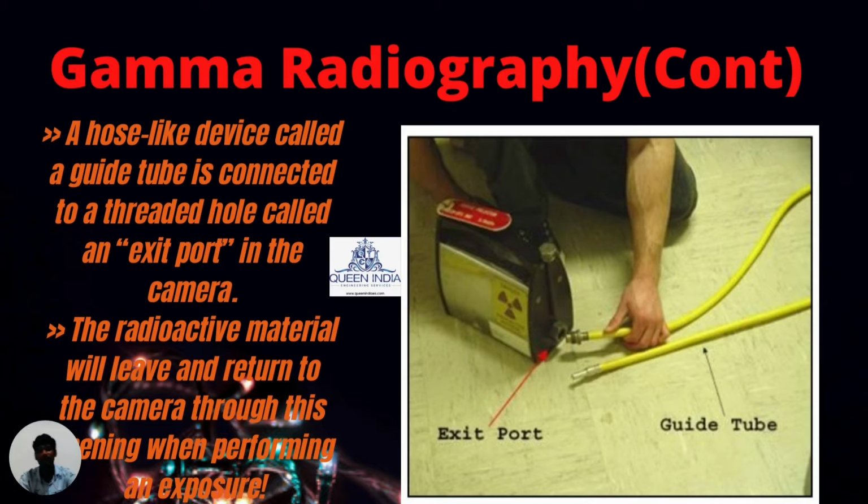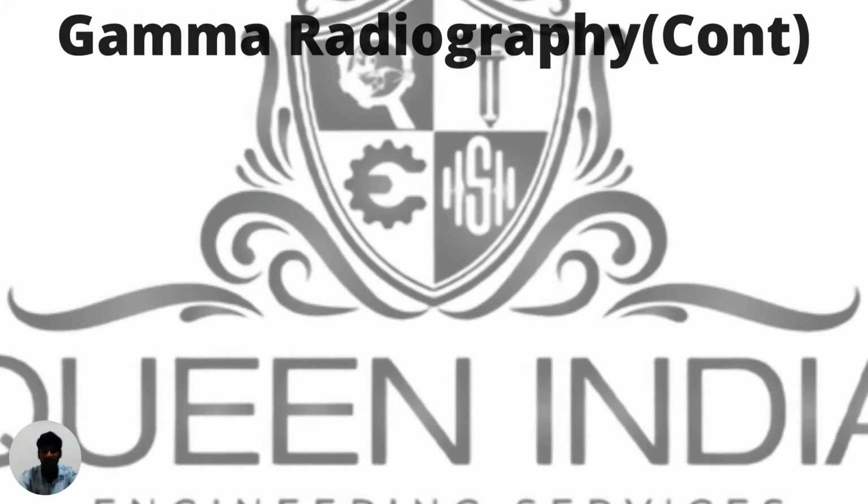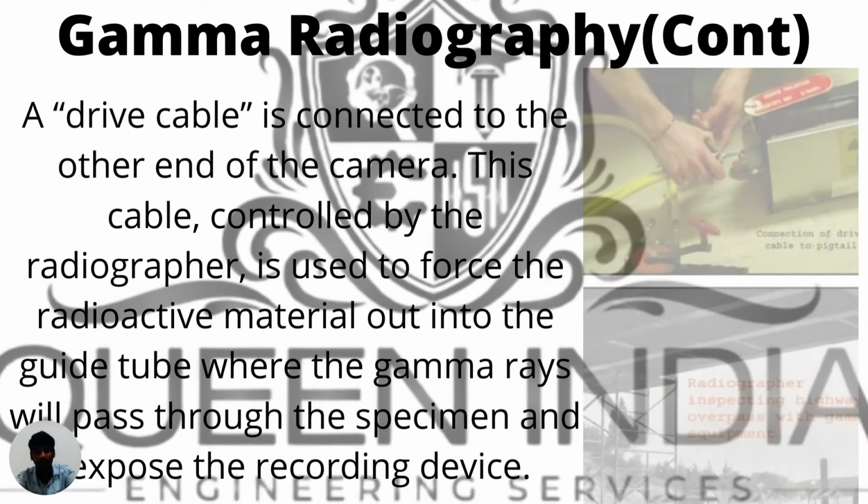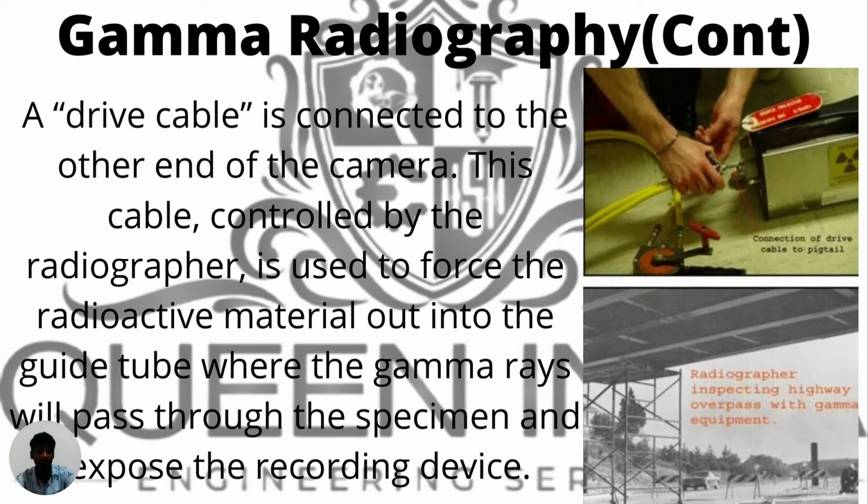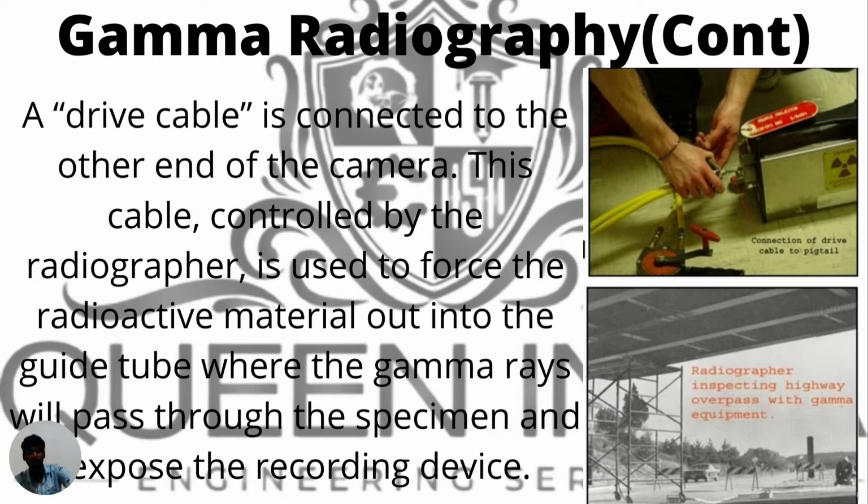Radioactive material will leave and return to the camera through the open surface, the exposure exit port, and the camera will have an exit port that will be fixed to a tube. The tube is connected to the drive cable, which is controlled in radiographic use to force the radioactive material to be guided so the gamma ray passes through a specimen and records the defects on film.